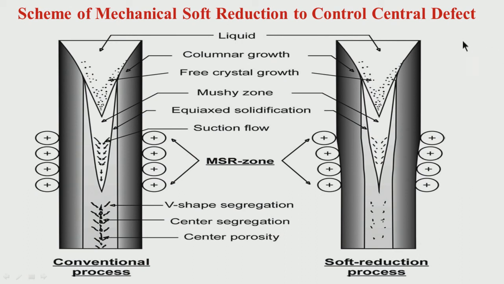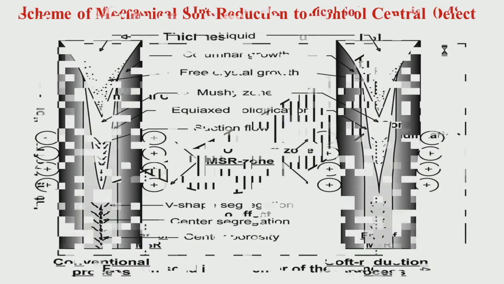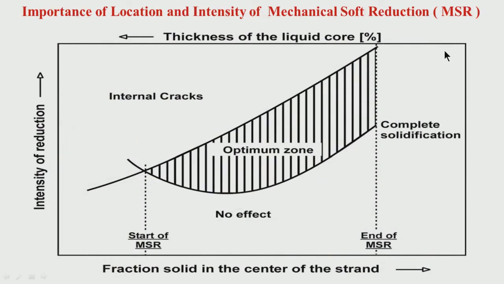So you can control this by having soft reduction. The location of soft reduction has to be properly selected towards the final stage of solidification, and how much soft reduction you give is also important. If it is less than the adequate value, it will have no effect. If it is more than the optimum value, it may generate cracks. So the optimum level is very important.